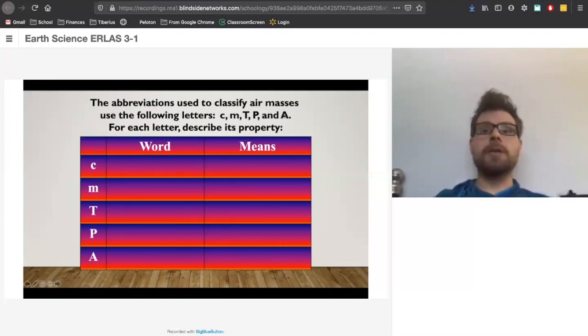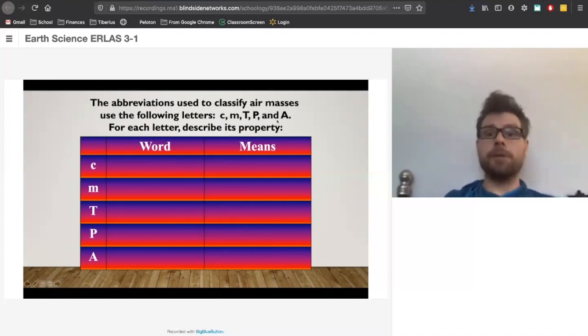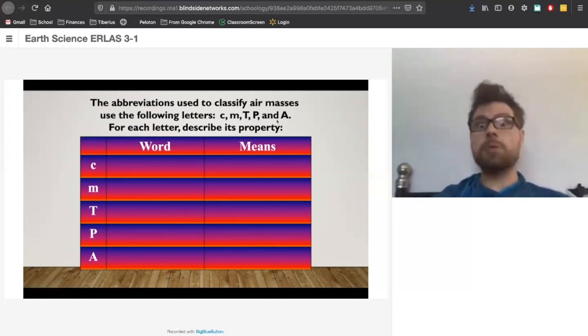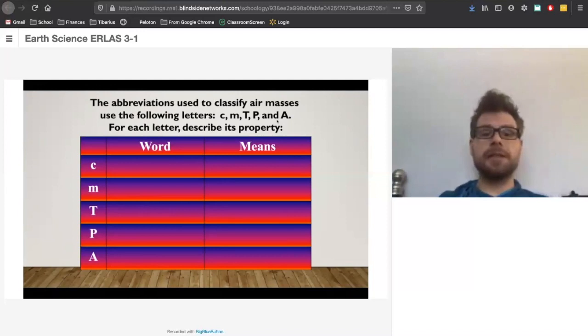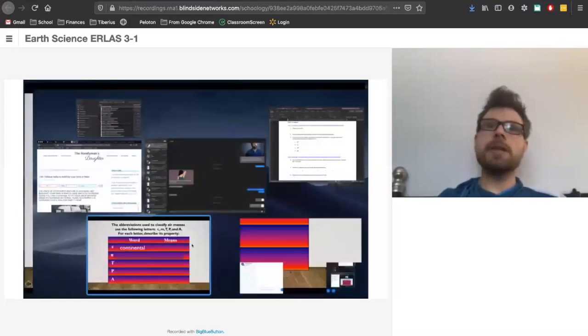The lowercase letters are describing its moisture content, and the uppercase letters, the T, P, and A, are describing its temperature. So that first one, remember, is moisture content. That first letter, C, stands for continental.